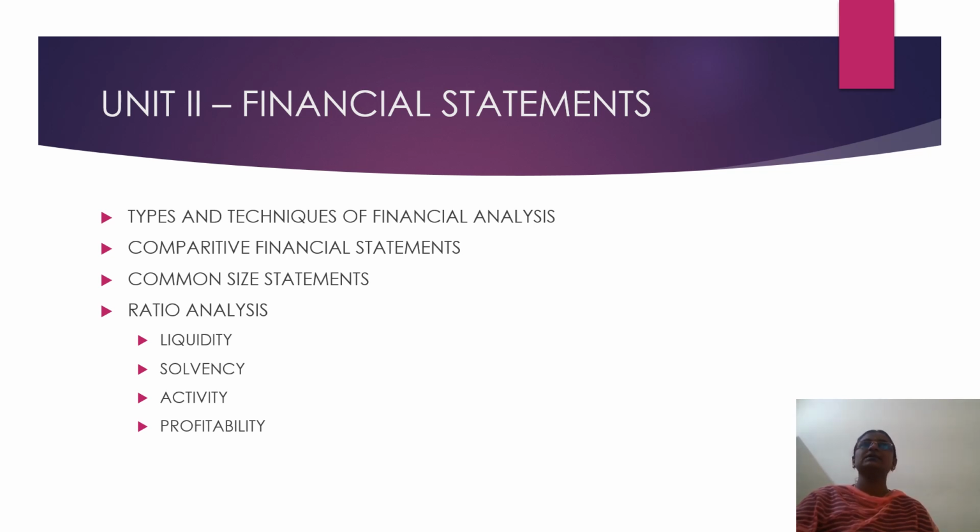So depending upon the question, you have to calculate. Else, ratios will be given to you, and you have to identify the hidden aspects like current assets, current liabilities, liquid assets, liquid liabilities, like that. So in part C, you will be given the profit and loss account and balance sheet, and then you will be asked to prepare the ratios.